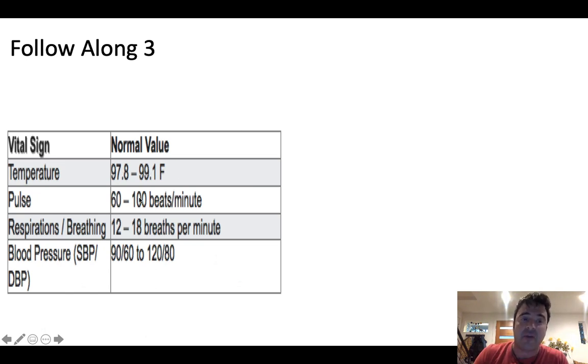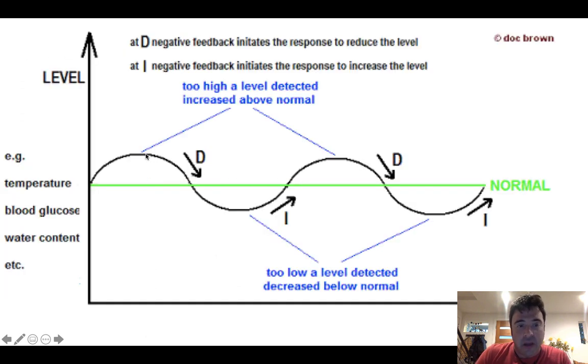So we take these vitals to see if there are deviations in key physiological variables or physiological parameters, like body temperature, right? Heart rate, respiratory rate, blood pressure. And you always know your reference range. Where should that be? So if we're thinking about temperature between 97.8 and 99.1, the 99.1 represents the high point, and the 97 represents the low point.